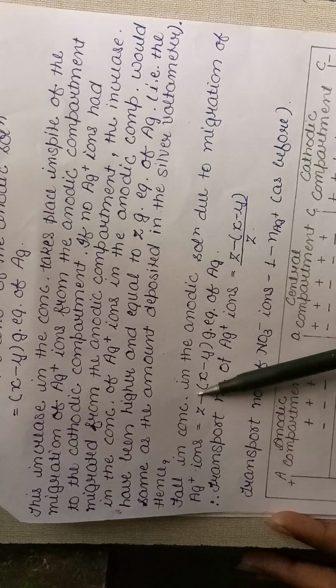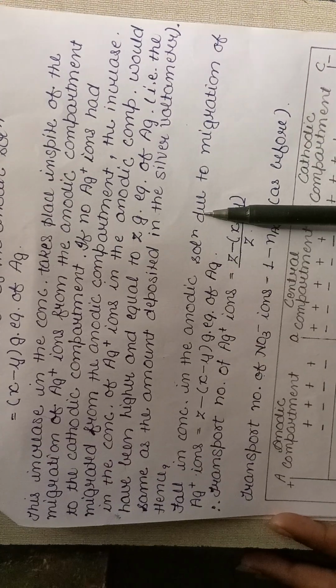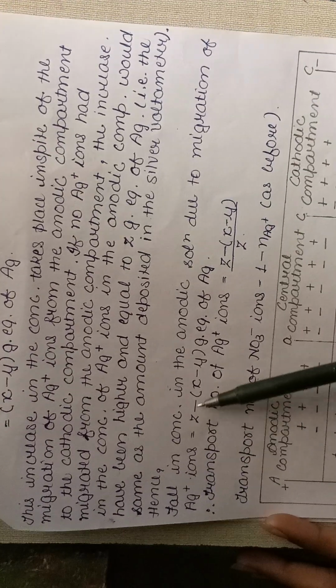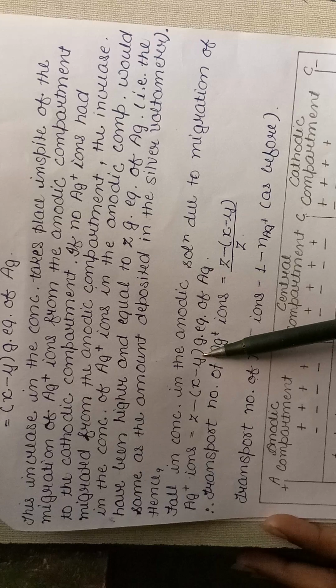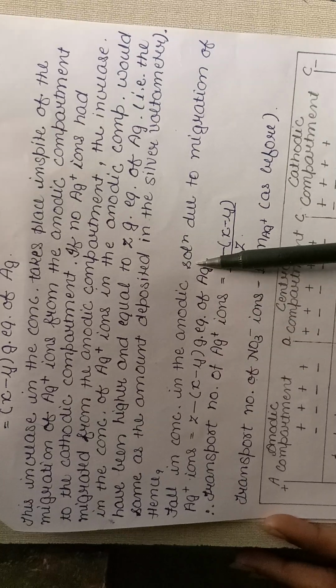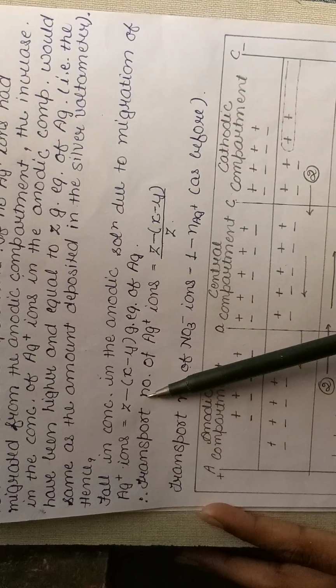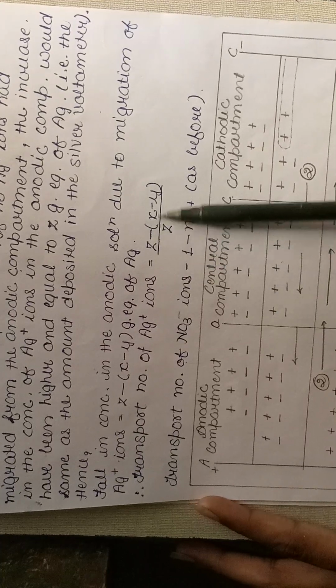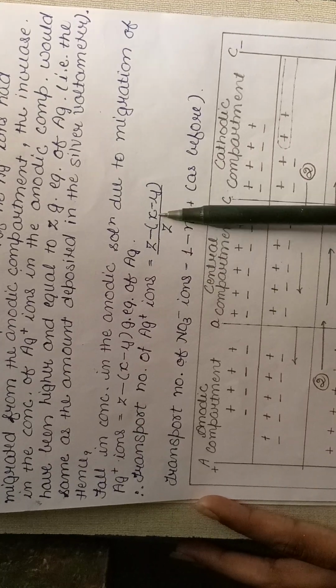Hence, the fallen concentration in the anodic solution due to migration of Ag positive ions is equal to Z minus X minus Y gram equivalent of Ag. The transport number of Ag positive ions is equal to Z minus X minus Y, divided by Z.